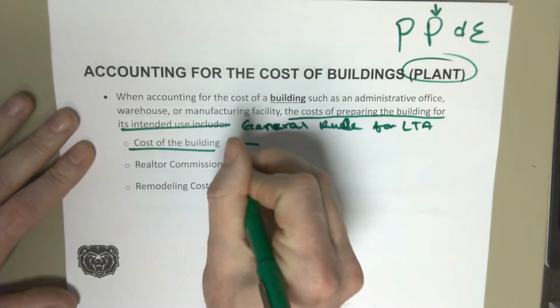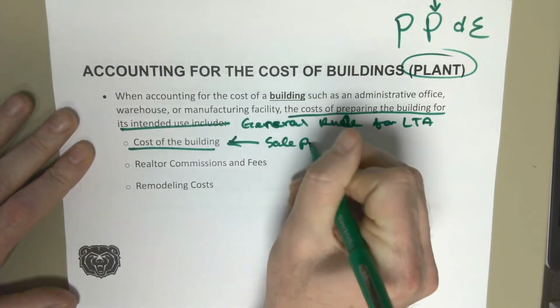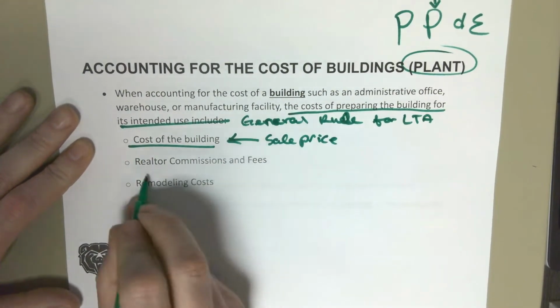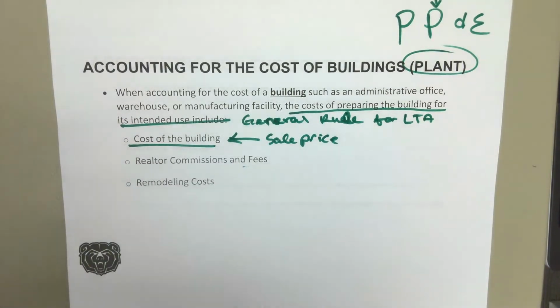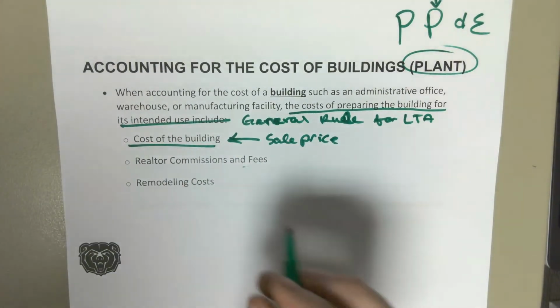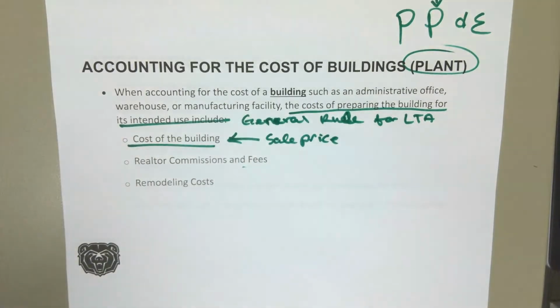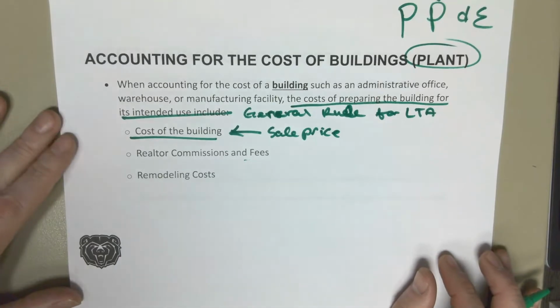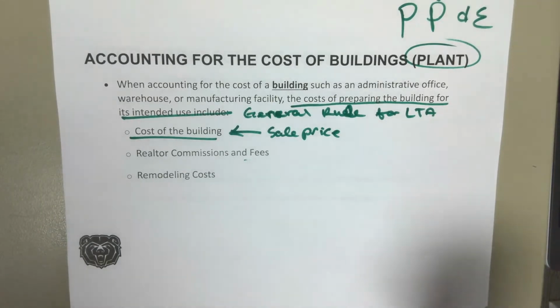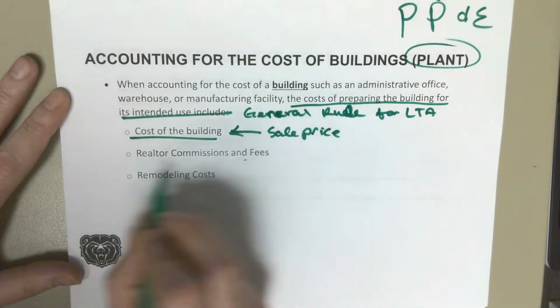This is the sale price, okay? Any realtor commissions, fees, anything like that is also part of your cost. You have to pay those commissions, any realtor's fees, any licensing, any property taxes, property licensing, anything like that is going to be included in this.